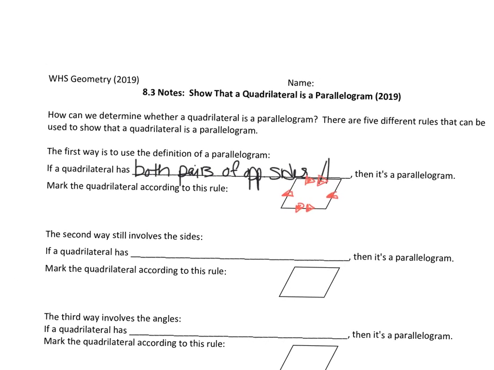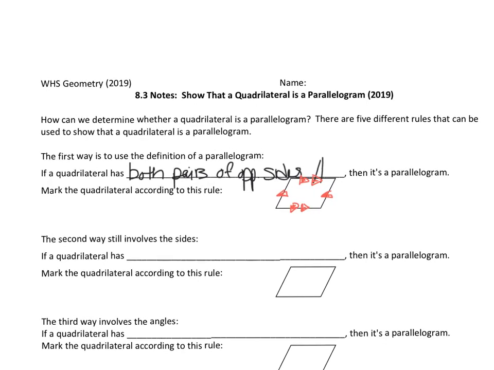All right, the second way involves the sides. So if we have a quadrilateral, and both pairs of opposite sides are congruent, then I know I have a parallelogram. So if it has both pairs of my opposite sides that are congruent, meaning that they're the same length.